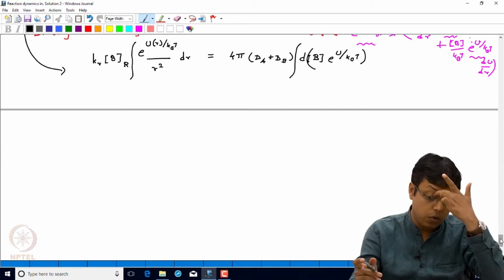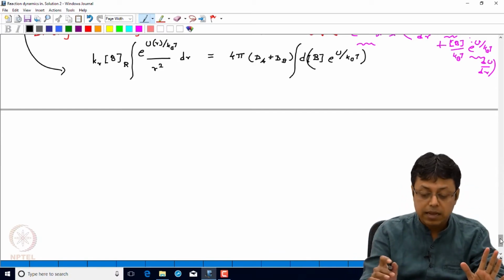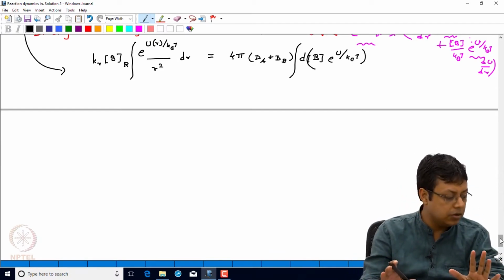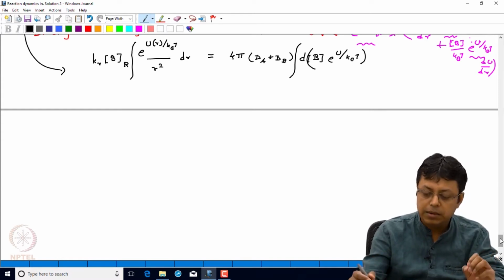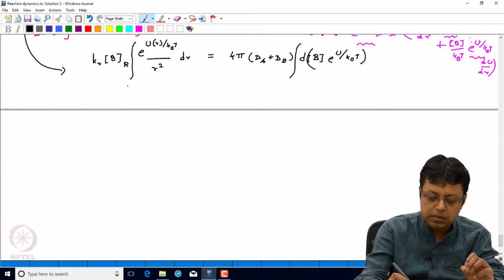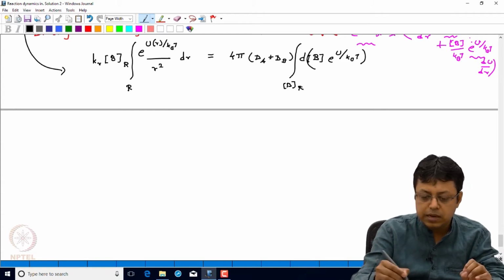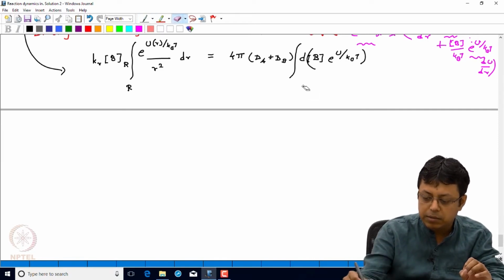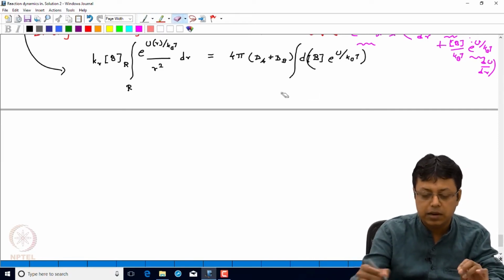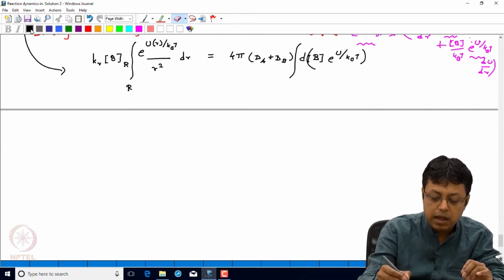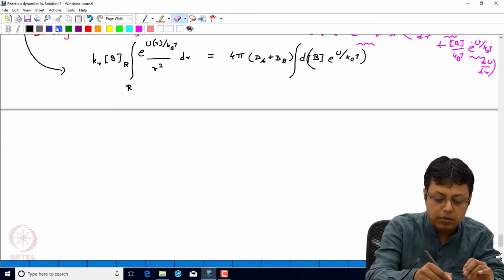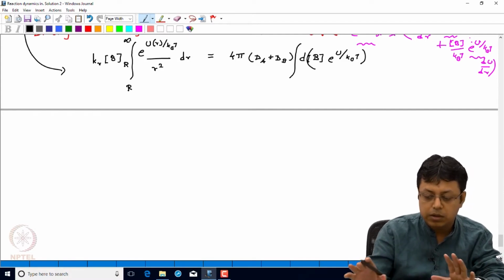So I'm just keeping it as a constant. The limits I am setting are when r is equal to R, I know that b is equal to b(R), and we'll evaluate at small r equal to R and small r equal to infinity.